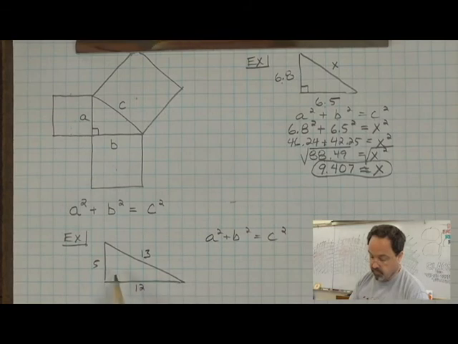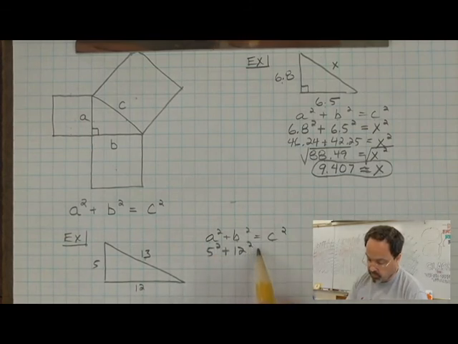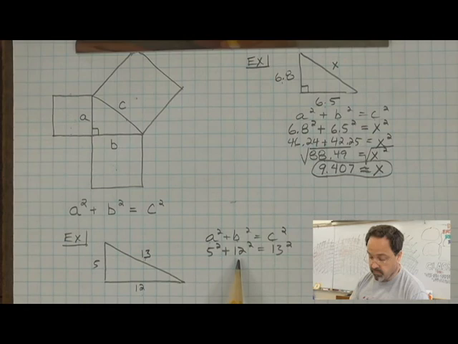I'm going to substitute in the values 5 and 12 for A and B, assuming that they're legs, and 13 for C, assuming it's the hypotenuse. When I do, I get 5 squared plus 12 squared is equal to 13 squared. I'm not solving for anything, but I've set up the Pythagorean theorem. And if this equation is true, if the Pythagorean theorem works for these side lengths, then the triangle must be a right triangle, because the Pythagorean theorem only works for right triangles.